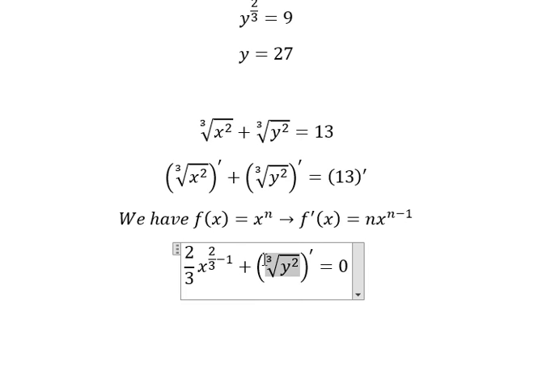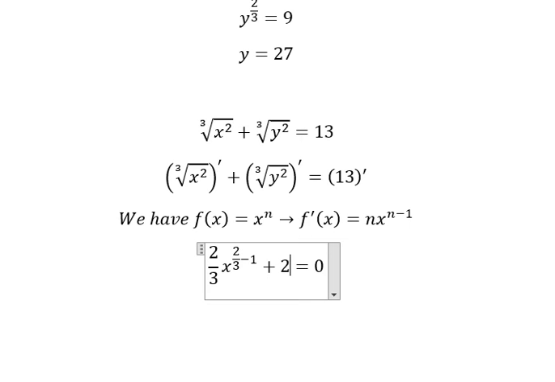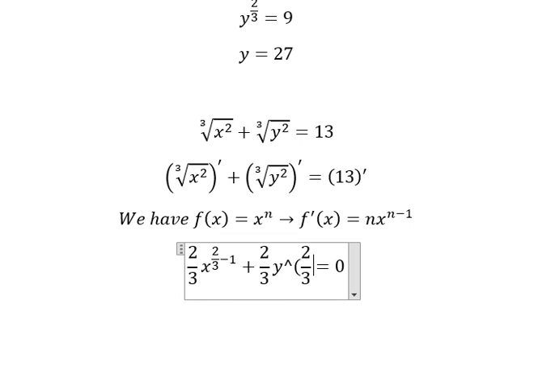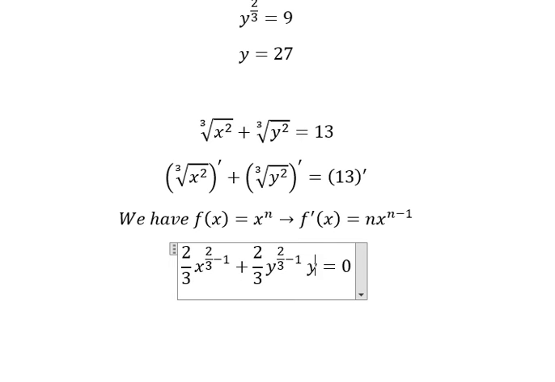Now we do similar for this one, but for y. If we do the first derivative of this one, you get 2 over 3 y to the power of 2 over 3 minus 1, and we have the first derivative of y in here.